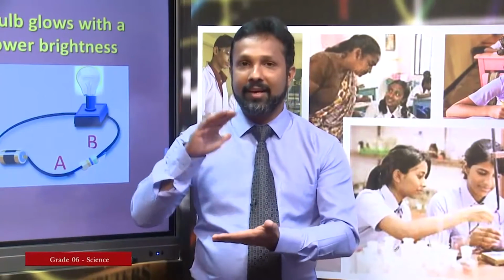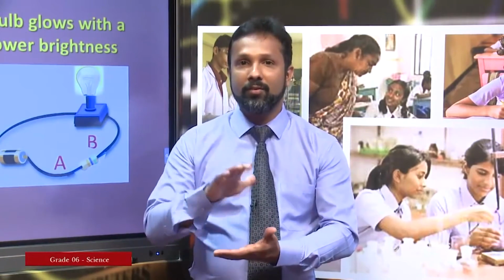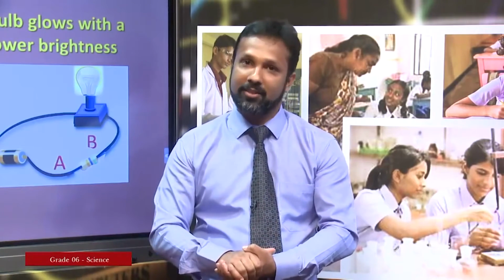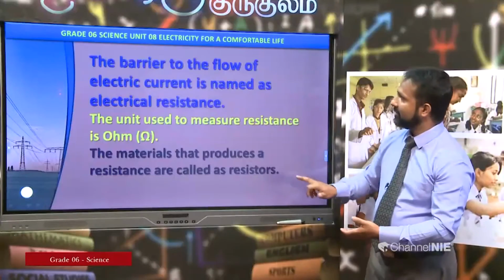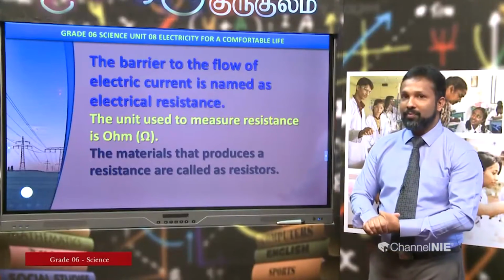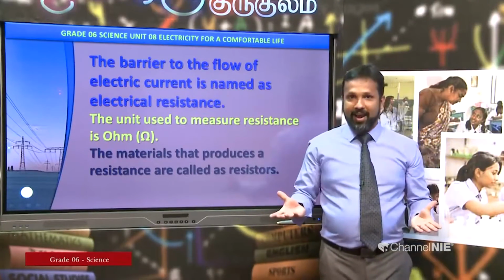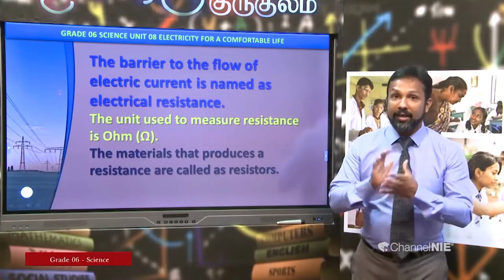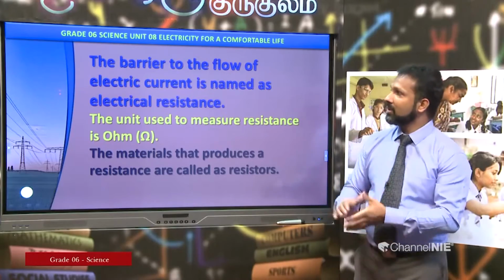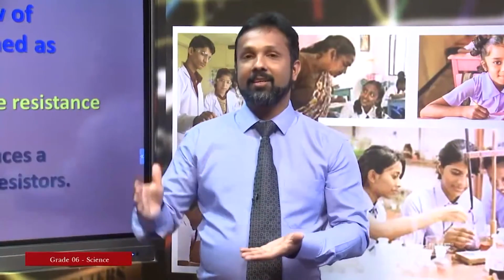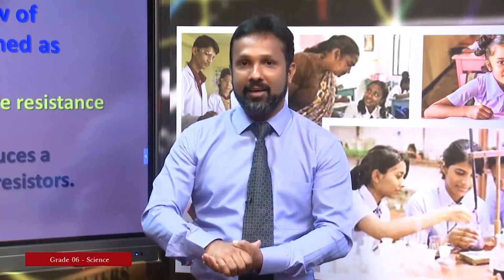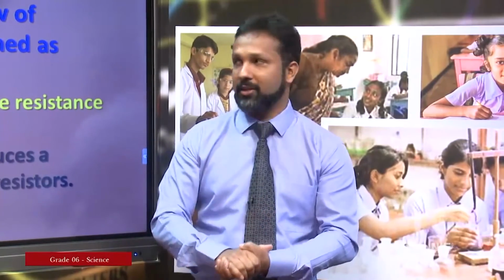Resistors reduce the amount of current that flows through the circuit. So, we can understand that resistors are the materials that control the amount of current passing through the circuit.